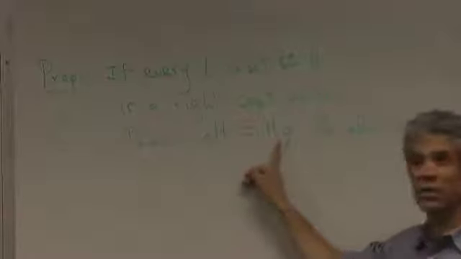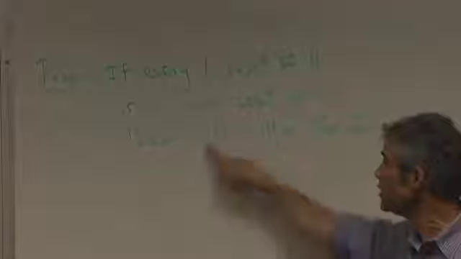It's that right coset where you look at the right coset that's generated by the same element that generates the left coset.